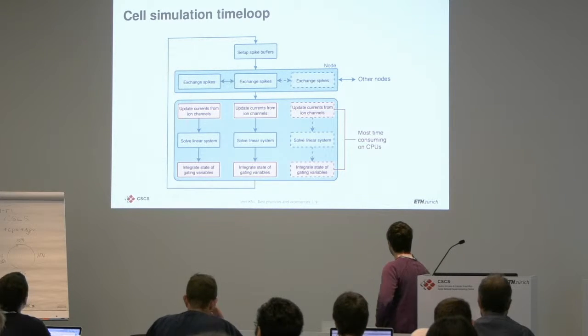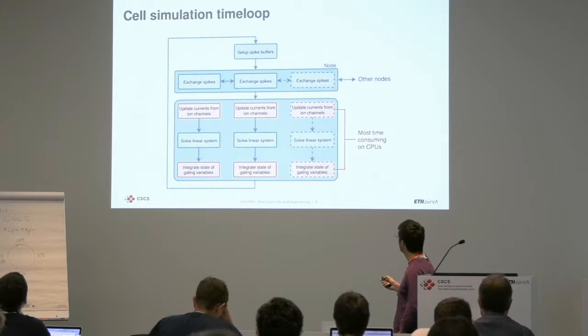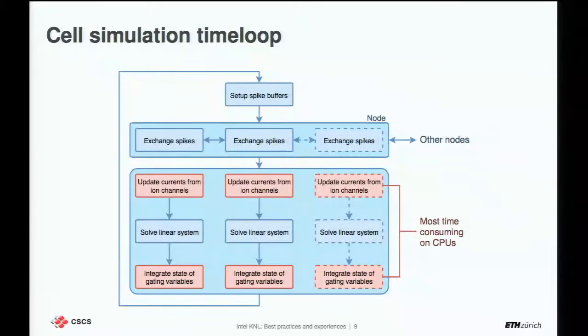So as I said, for the CPUs, those 2 are the most time-consuming parts. On the GPUs, on the other hand, the linear system solution was a bit higher, and it's a different issue.